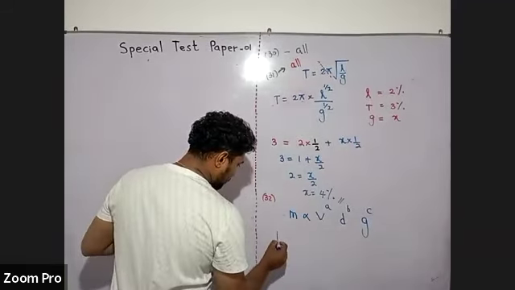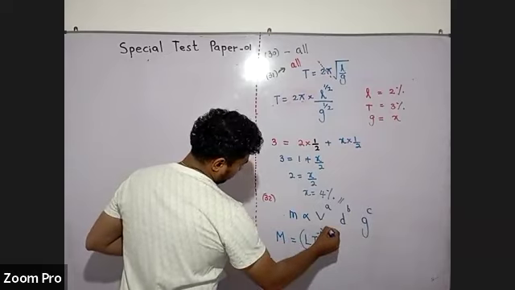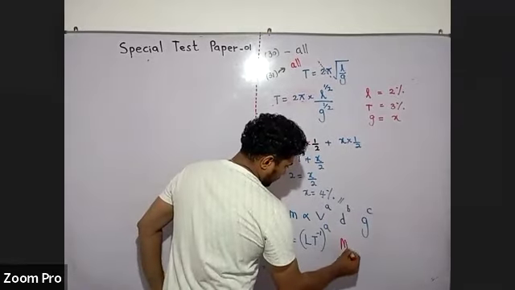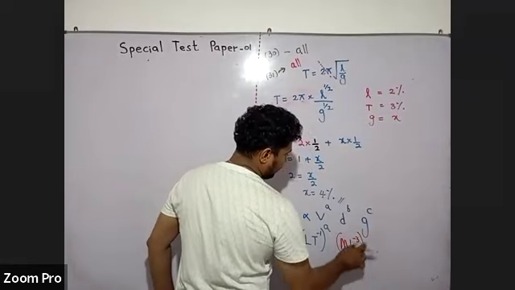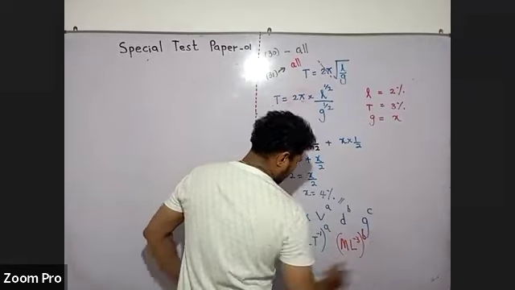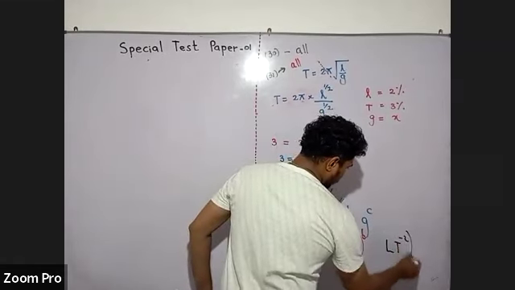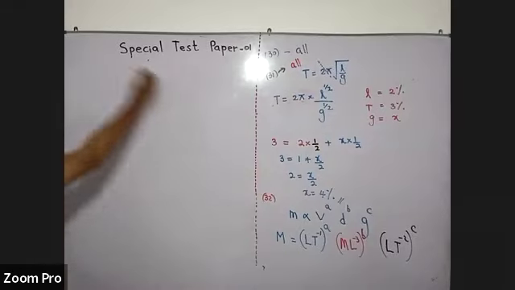Now if m means mass, it should be capital M. Equal to v, meaning velocity, so it should be substituted as LT to the power of minus 1, to the power a. d means density, so it should be substituted as ML to the power minus 3, to the power b. g should be substituted as LT to the power minus 2, to the power of c. Now let's analyze the dimensions.